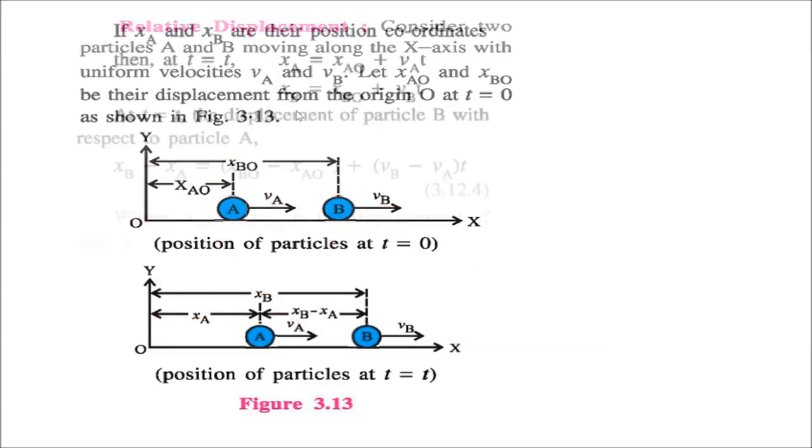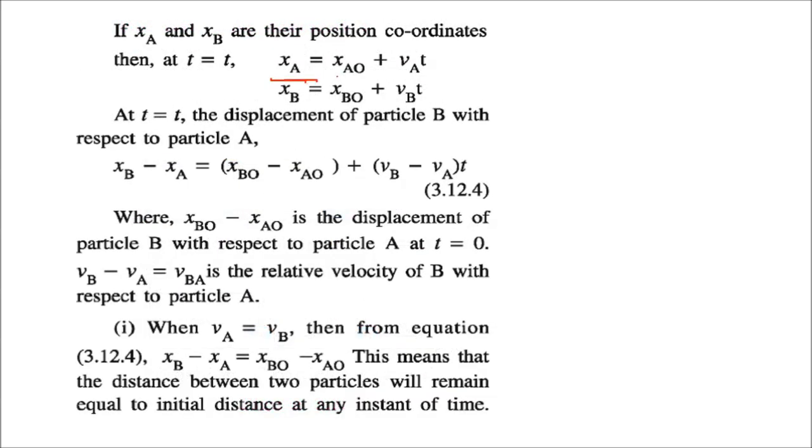XA is the initial distance plus the distance it has travelled in time t, VA into t. Similarly, XB will also be equal to the initial distance from the origin plus the distance B has travelled in time t.